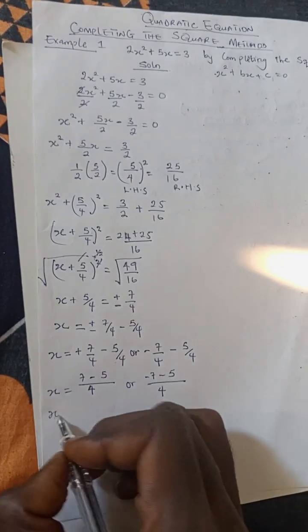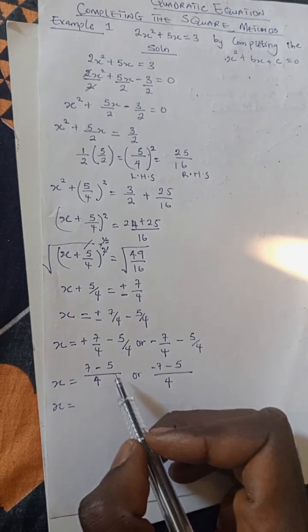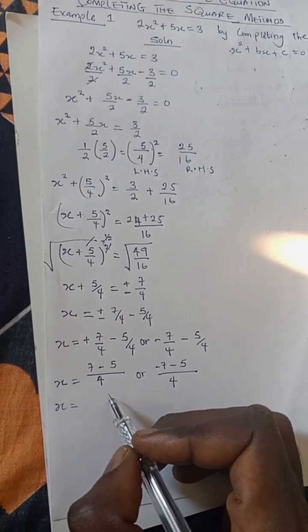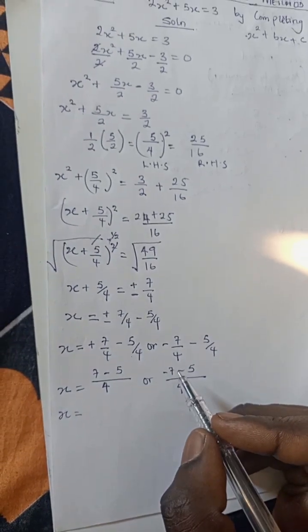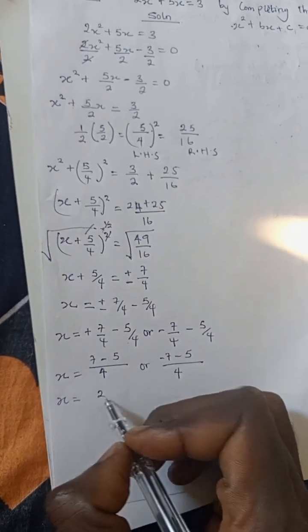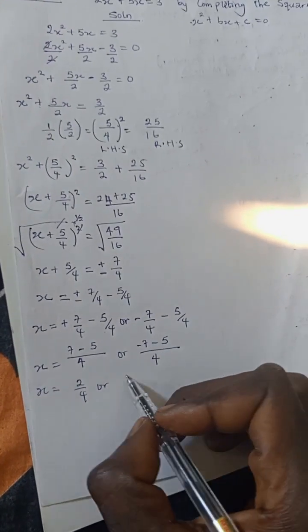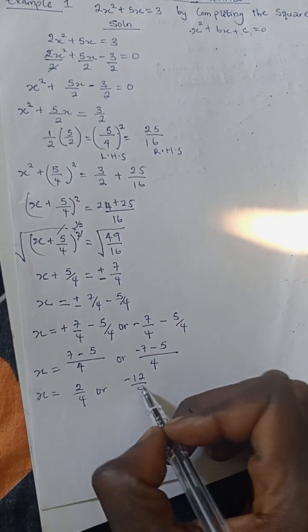So your x is equal to 7 minus 5, or minus 7 minus 5 over 4. So 7 minus 5 is 2 over 4, or minus 7 minus 5 is minus 12 over 4.